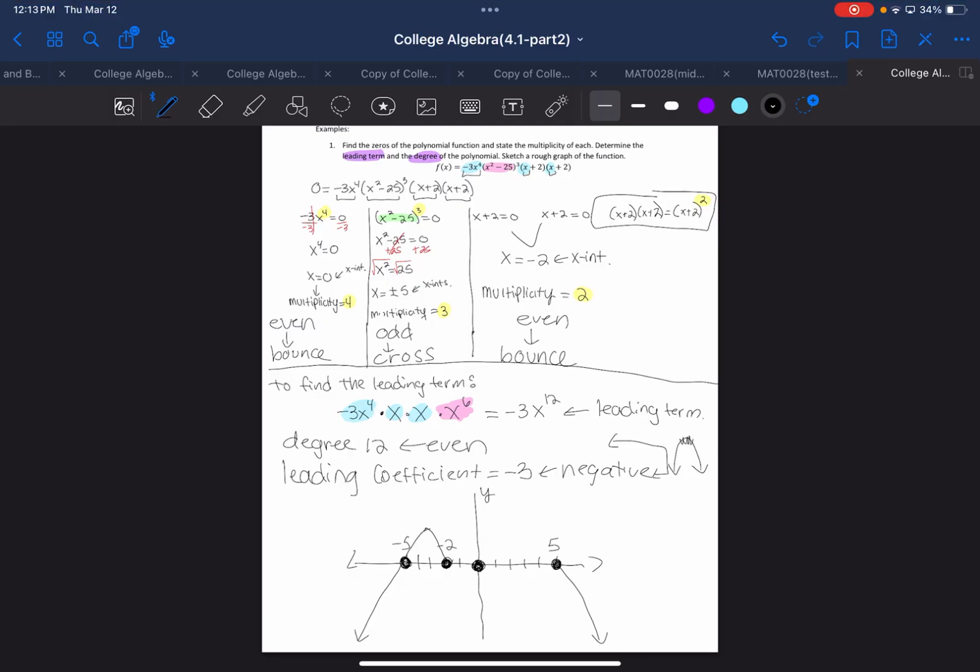It'll go back up some amount, it'll come back down and go to 0 and bounce off again, and then it'll go up and come back down and cross through 5. So it'll do something like this.